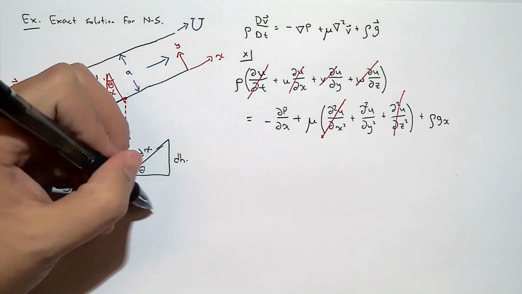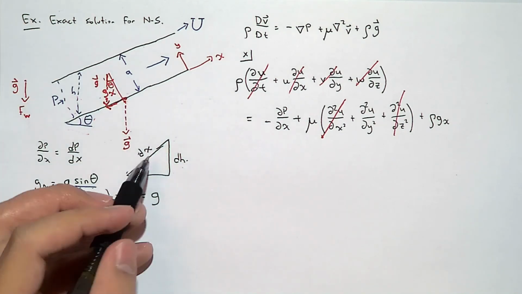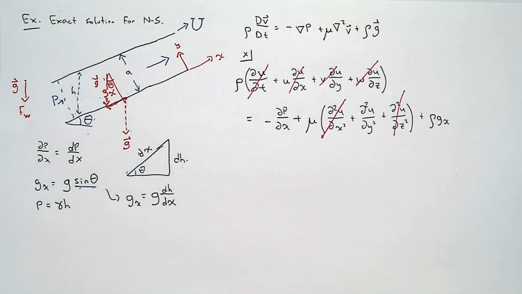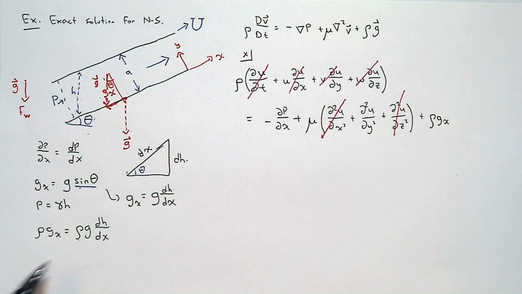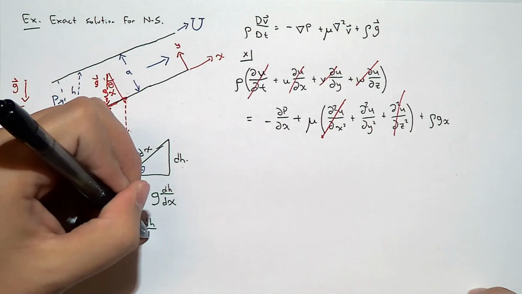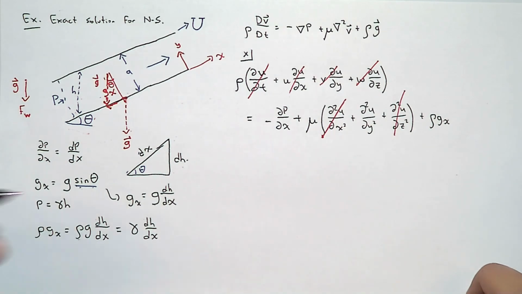So my gravitational acceleration is actually just gravity times sine of theta, which is opposite over hypotenuse, so dh over dx. And now my body force, rho gx, actually becomes rho times gravity times dh over dx. And what is rho times gravity? Specific weight, right? There we go. So we have an expression for gravitational force.